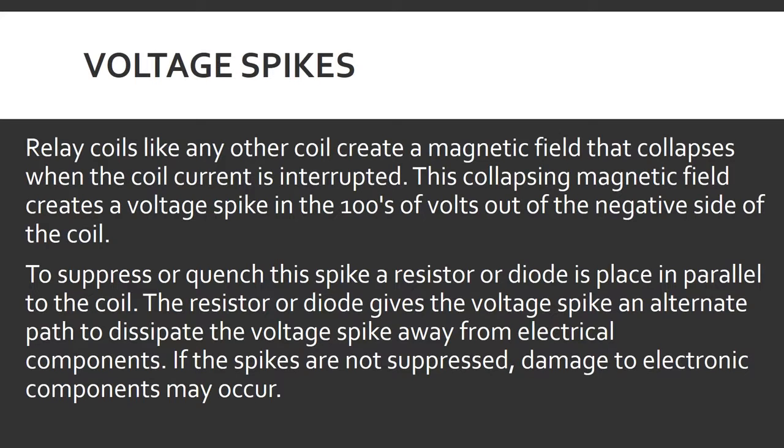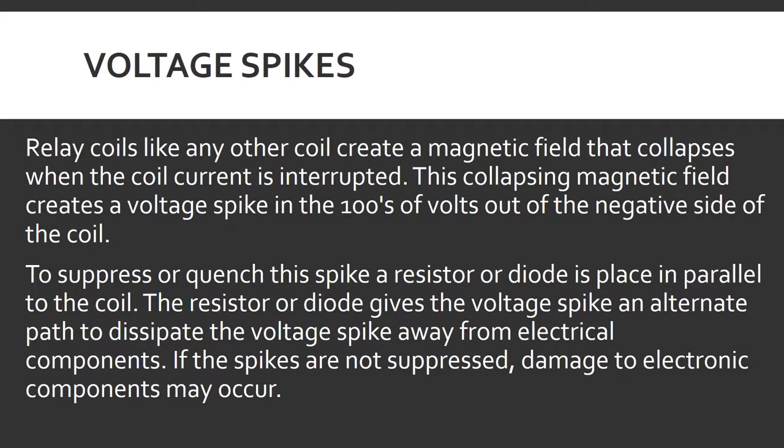Relays, like any other coil, create a voltage spike. When power is interrupted and the magnetic field collapses, it creates a voltage spike coming out of the negative side of the coil. Now this spike could be in the hundreds of volts. To suppress or quench this spike, a resistor or diode is placed in parallel to the coil.